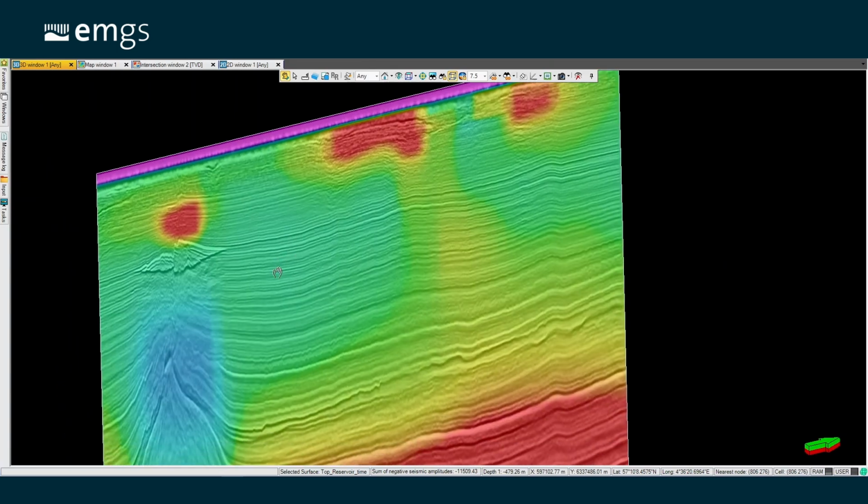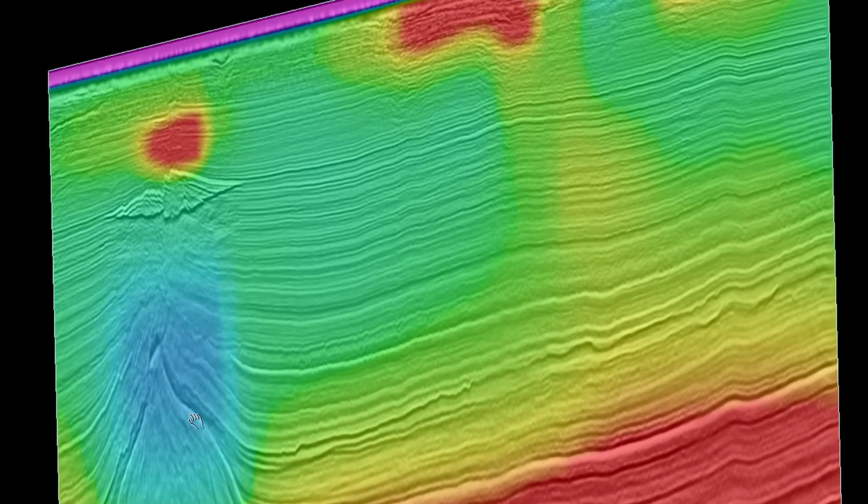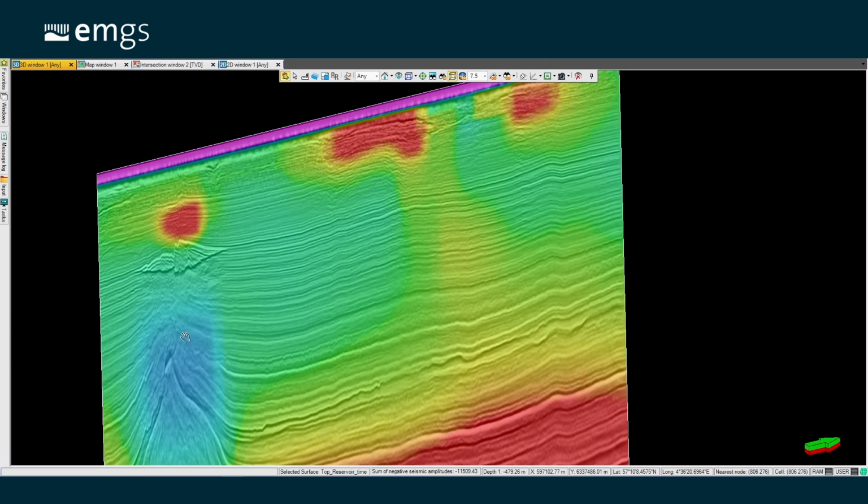One of the things that you can see in these structures is that the core of the structure, the center part, is often very low resistivity, and that's probably due to the faulting that the anticline develops and the fact that you have salt right underneath.